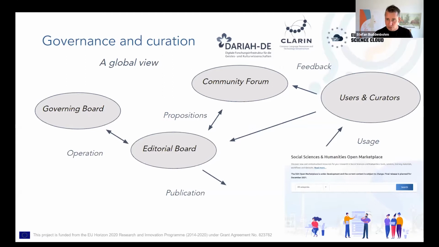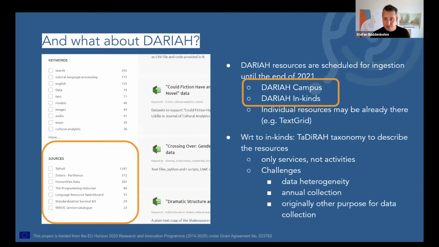I don't want to explain each one of them, but just draw your attention to the users and curators bubble, because this relates back to the community-induced curation I talked about earlier on. If you are interested in taking part in our curation effort, you may get in touch with us, and then you are an example of a functioning interface. So these were the three interfaces.